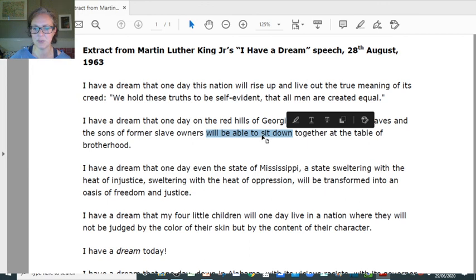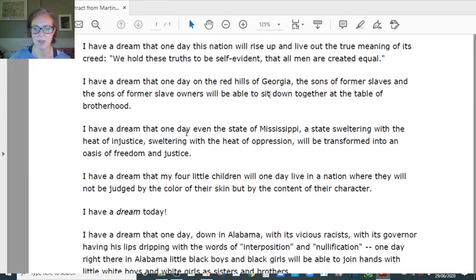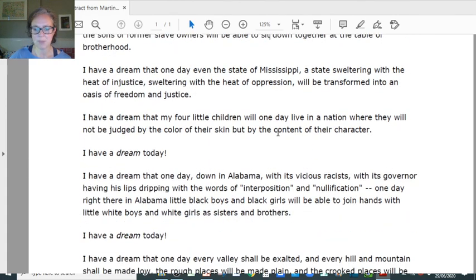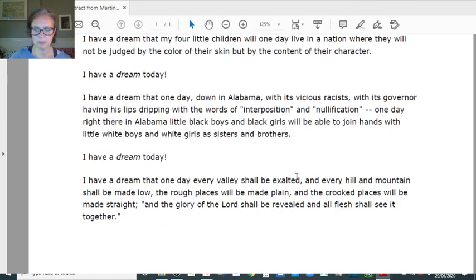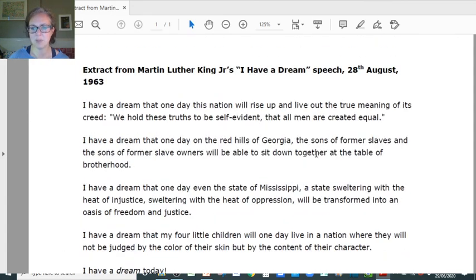His opinion is that at the bottom, black and white people will be able to be as brothers and sisters, sort of treated the same and be equal.